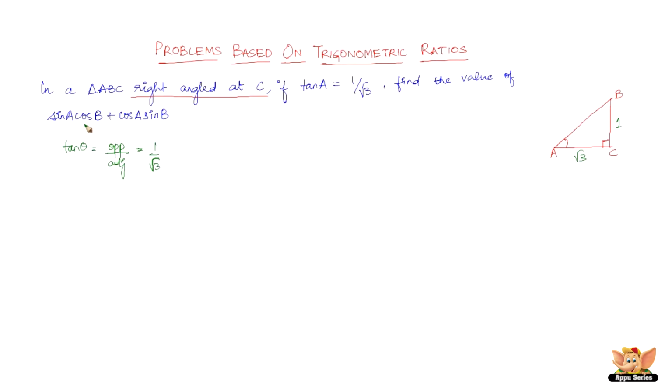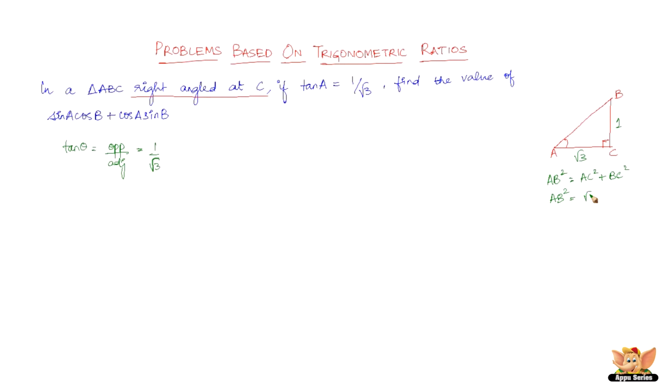Before that, for everything we need the hypotenuse for sure. Sine and cos need the hypotenuse, right? Sine is opposite by hypotenuse, cos is adjacent by hypotenuse. So we need the value of AB. From the Pythagoras theorem, hypotenuse squared equals the sum of the squares of the other two sides, which is AC squared plus BC squared. We don't know AB, so let's call it AB squared.